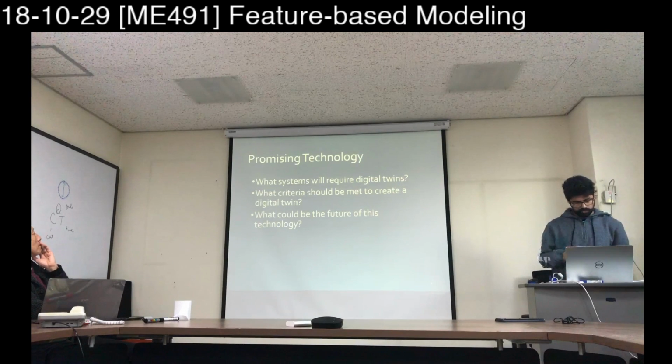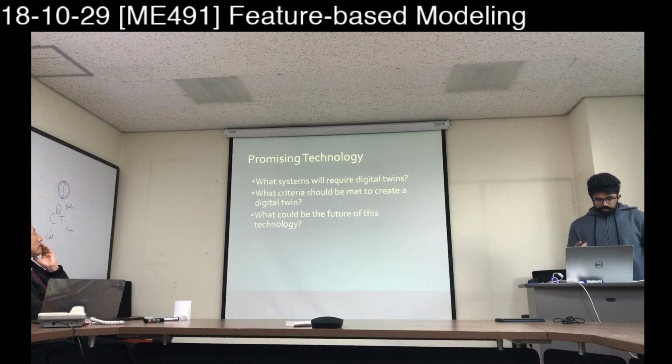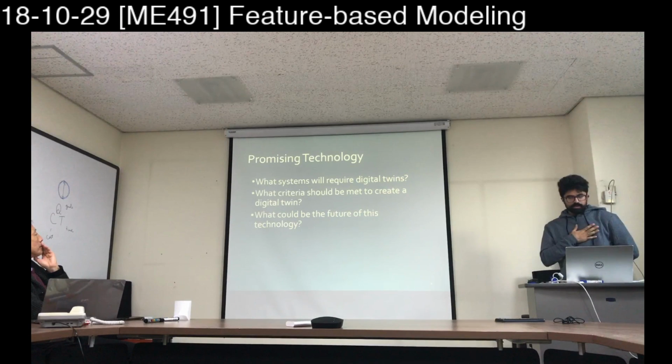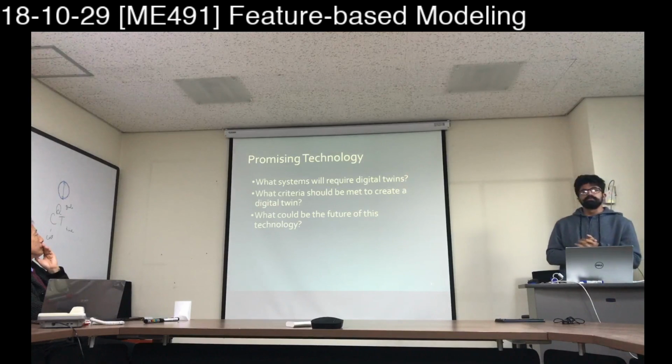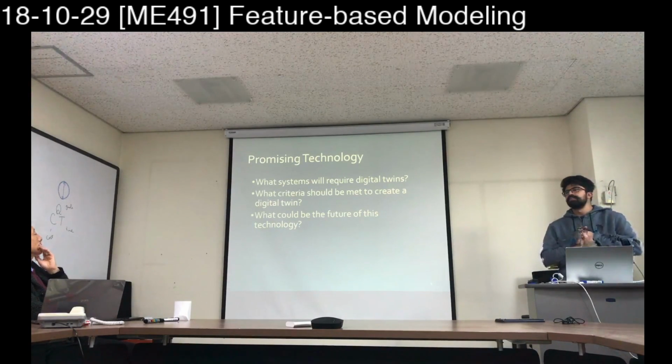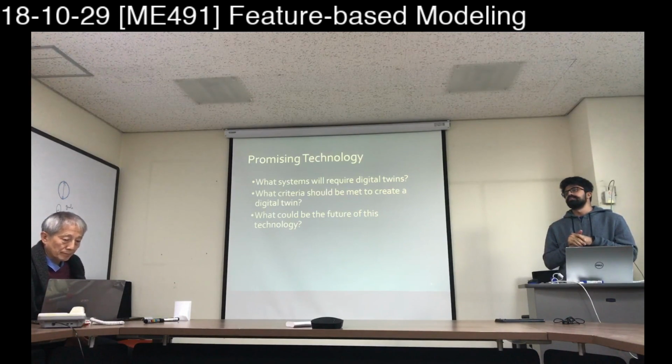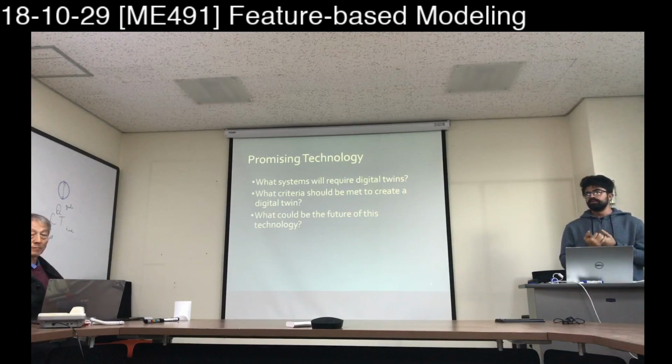So, can you give any examples of the system that would require digital twins? There can be a lot of systems, I mean, from automobile to aircrafts to ships, even the plants can have.